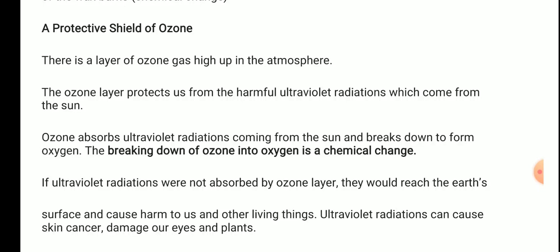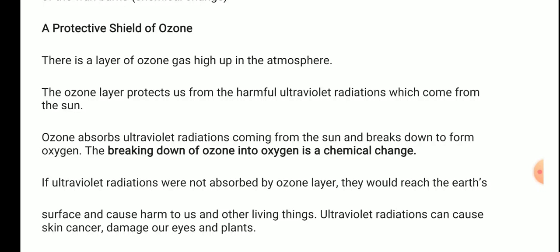What harm would there be if ultraviolet radiations reached the Earth's surface? If ultraviolet radiations were not absorbed by the ozone layer, they would reach Earth's surface and cause harm to us and other living things. Ultraviolet radiations can cause skin cancer and damage our eyes and plants. That's why the ozone layer in the atmosphere is very important.